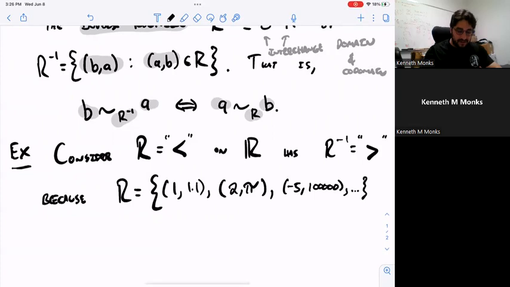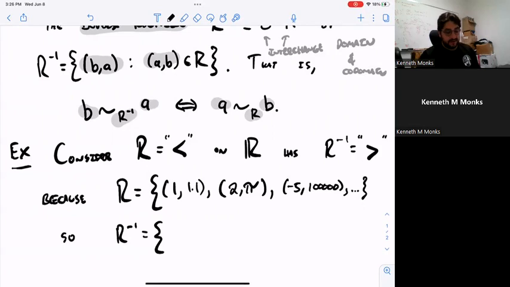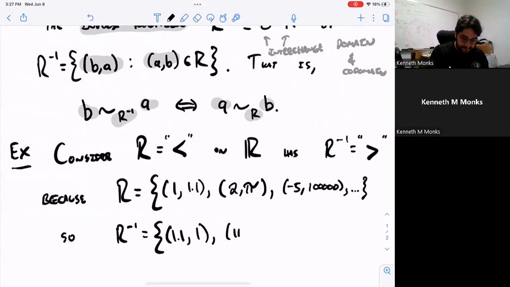And here there are uncountably many, so we can't really list them out, but just to show some examples, these are all ordered pairs where the first is less than the second. So what would the inverse relation look like? It looks like all ordered pairs where the first is greater than the second. 1.1 is greater than 1 because 1 was less than 1.1.